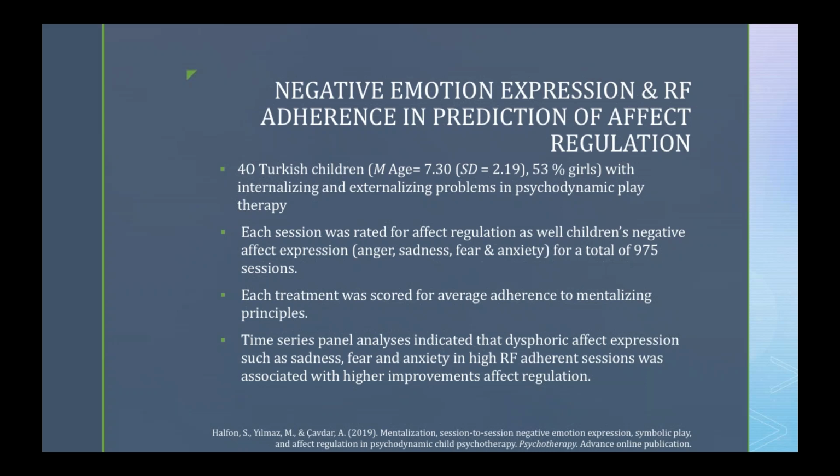We coded each session for affect expression, which is anger, sadness, fear, and anxiety, and affect regulation characteristics. And each treatment was scored for average adherence to mentalizing principles. We found that dysphoric affect expressions such as sadness, fear, and anxiety in high RF adherence sessions was associated with higher improvements in affect regulation.